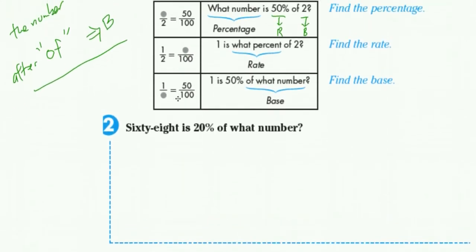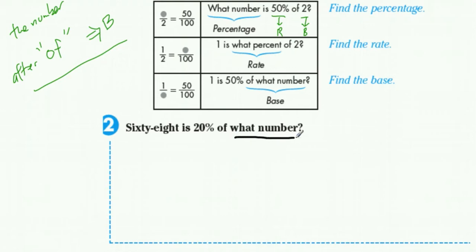68 is 20% of what number? The first thing you can do here is to identify your base. Again, what did I say? The base is always after the word of.